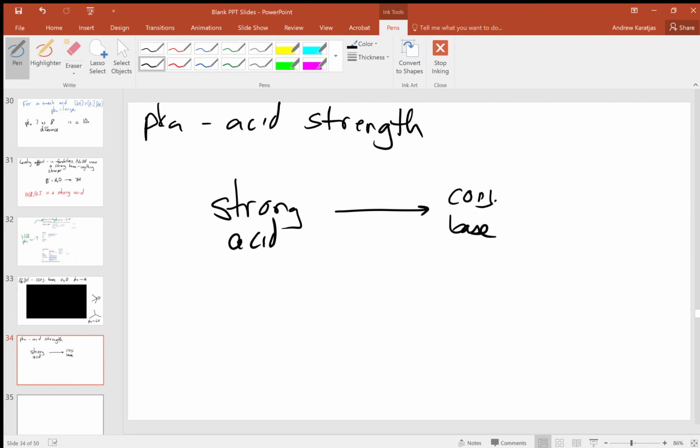Does it want those protons back? And the answer basically is no. If it's willing to give up those protons that easily, it doesn't want them back. So a strong acid always leads to a weak conjugate base.